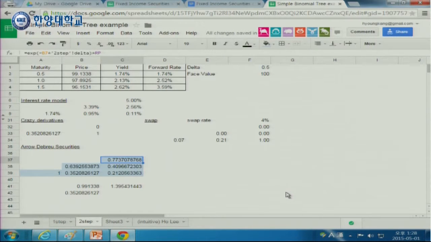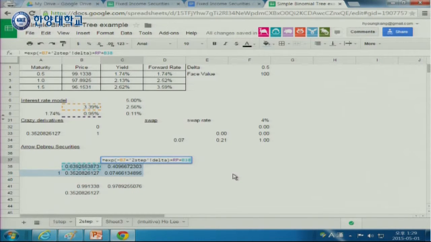No. And then $1. So actually, I have to multiply over here, and then this one. Okay, and then I have to multiply this one, and then this one.